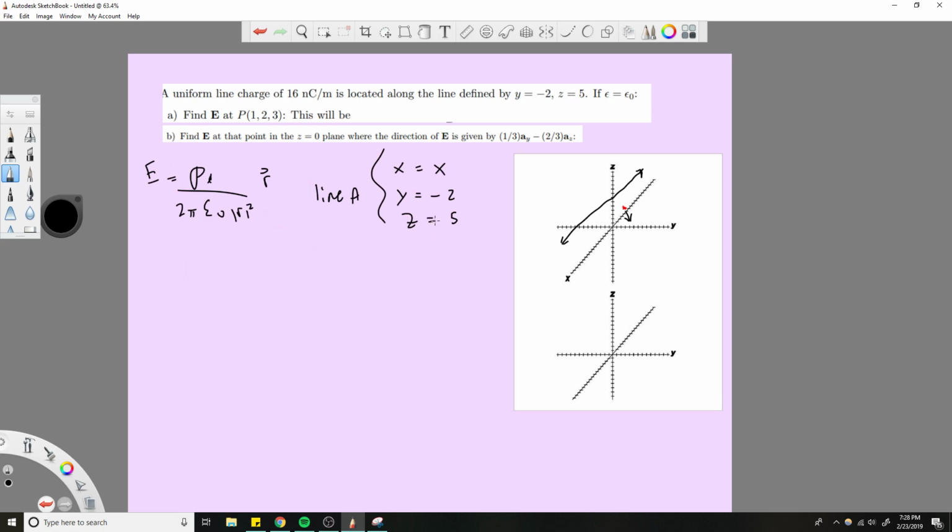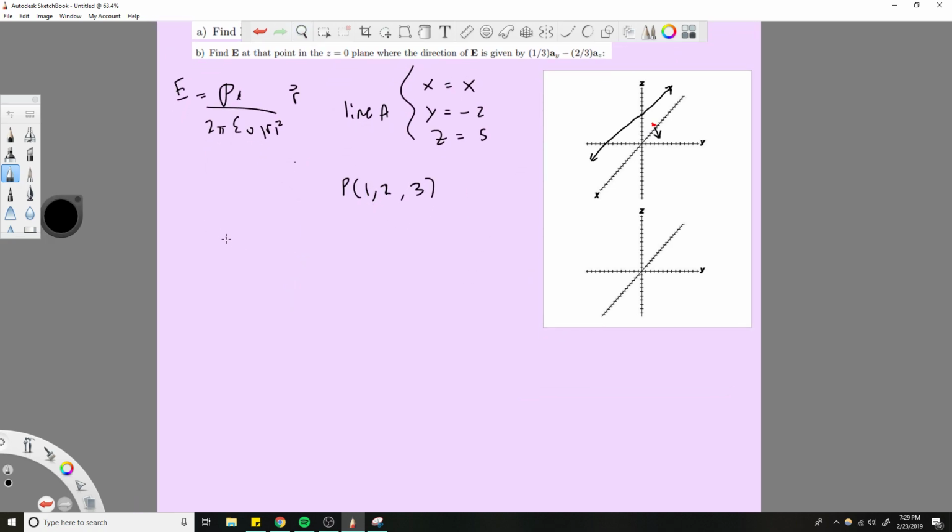You can't really change anything about the z and y coordinates. X can be whatever it wants to be. Now we have our point P at (1, 2, 3). Finding our r vector is pretty simple. r is equal to the AP vector, so point P minus this A value.